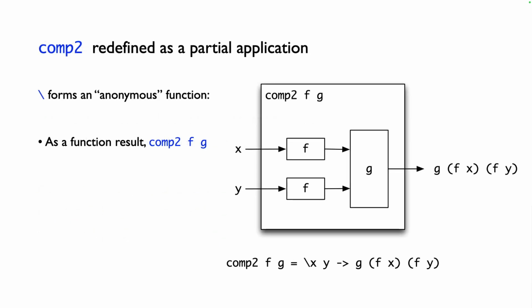And just as an example, if we go back to our definition of comp2, which you see at the bottom of the slide, we say comp2 applied to f and g is the function that takes x and y to g (f x) (f y). We get exactly the same effect by writing comp2 applied to 4 arguments, f, g, x and y, giving the answer g applied to (f x) (f y).